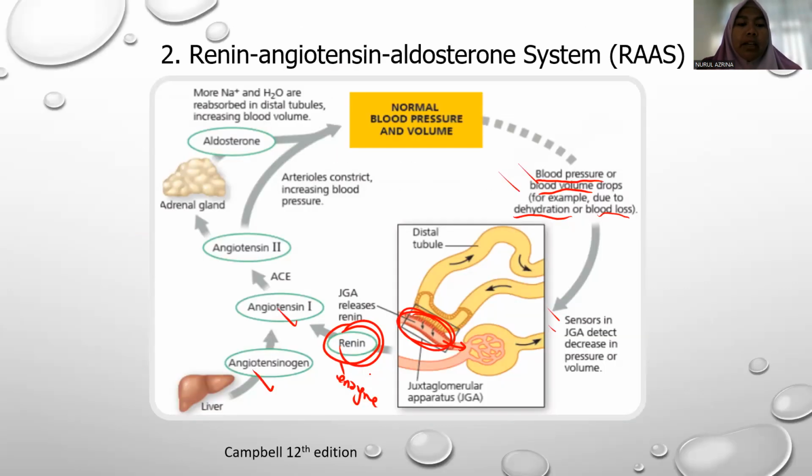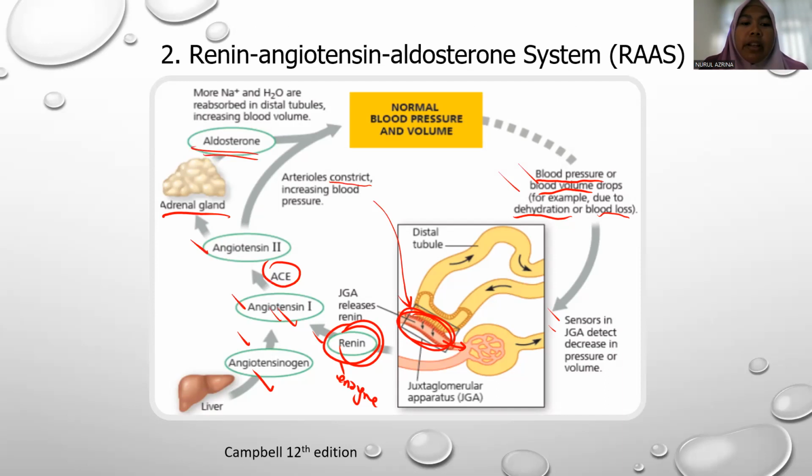So we have here renin cleaving angiotensinogen to angiotensin 1, and ACE converting angiotensin 1 to angiotensin 2. Angiotensin 2 constricts the arteriole, the afferent arteriole, to increase the pressure. It also stimulates the adrenal gland to secrete aldosterone.